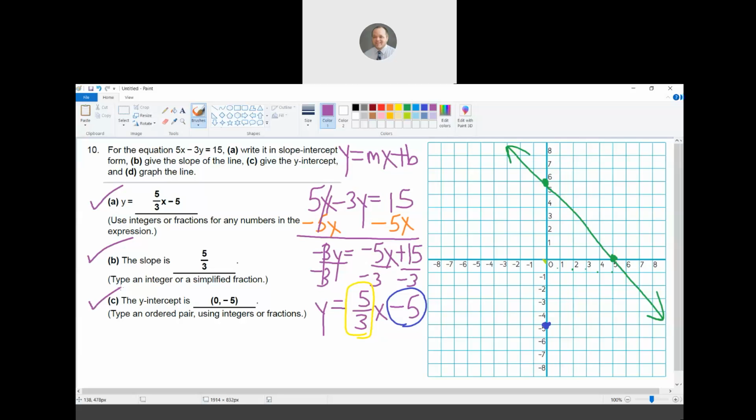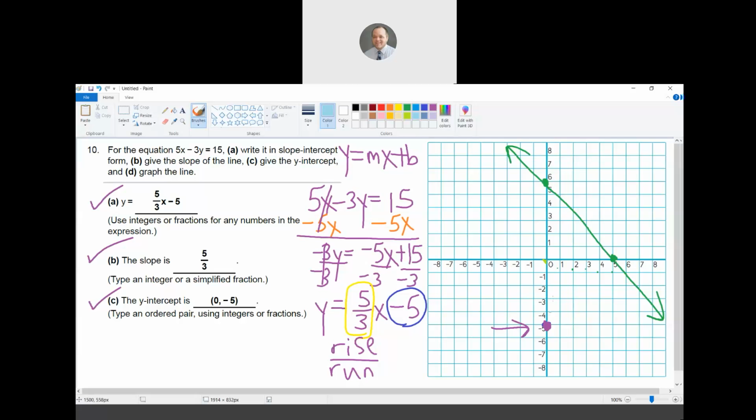Now let me change that to purple to match the color of our line. Let's use the slope, the rise over run definition to get our second point. From our y-intercept here, we rise 5 spots.